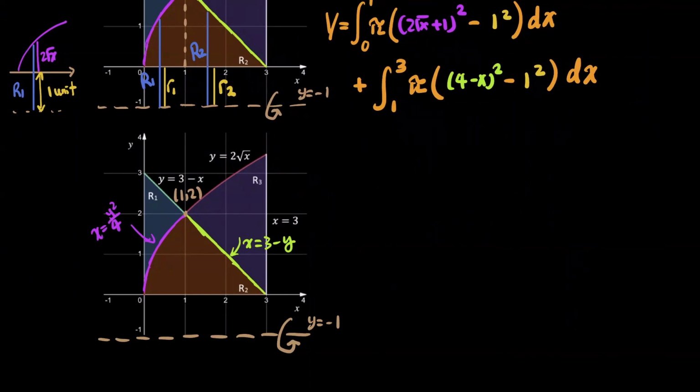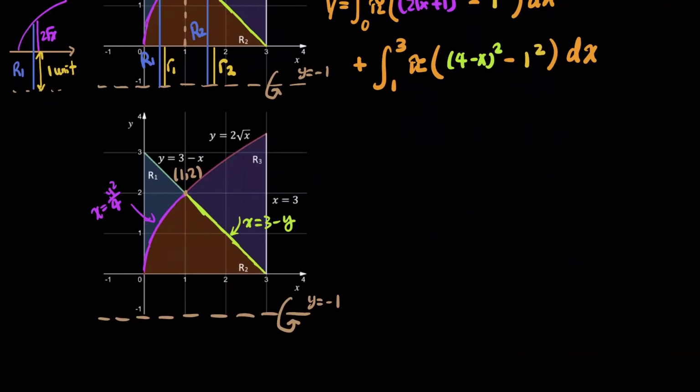So we need to find the width of that rectangular slab. And this is the radius of rotation. Okay, so the width is easy to see. Throughout the entire region, the width can always be expressed by using the green function minus the pink function.